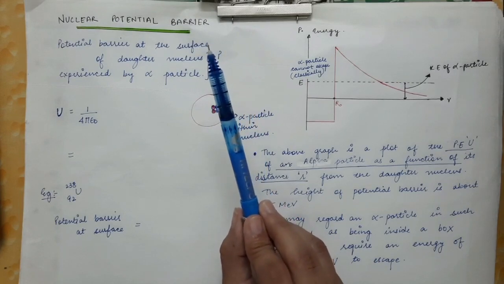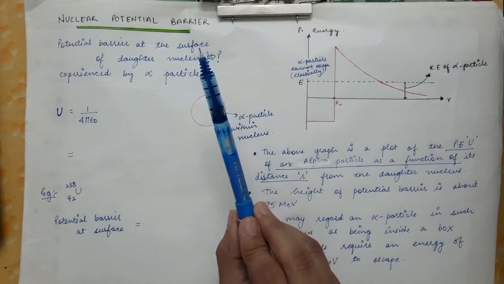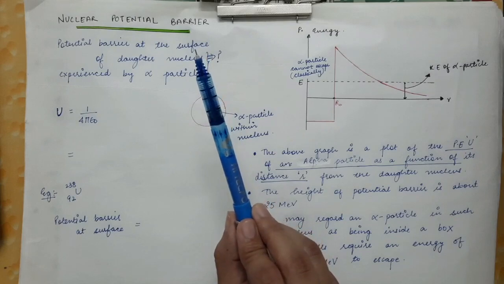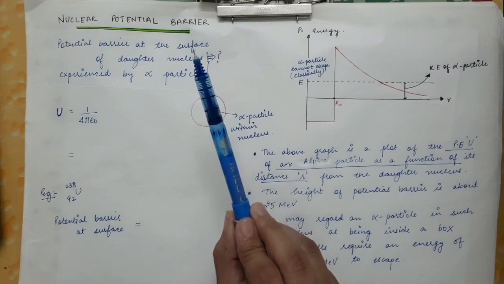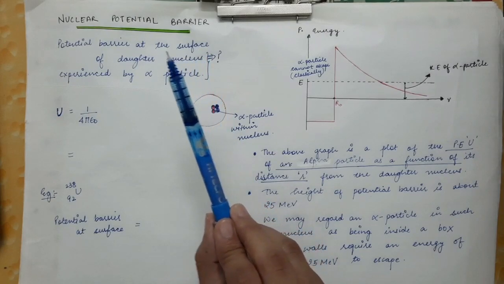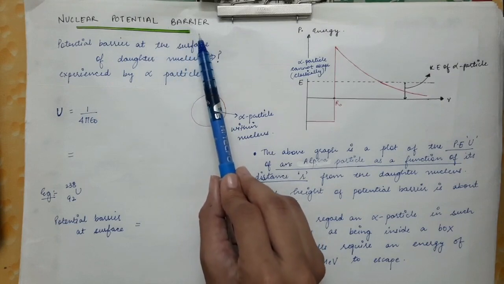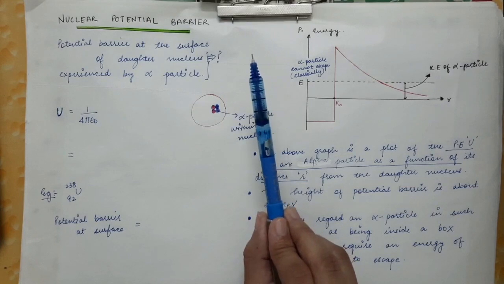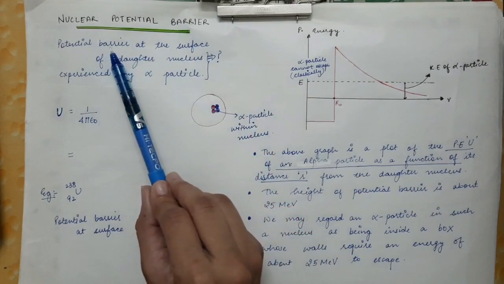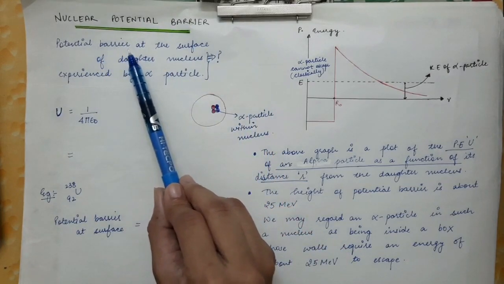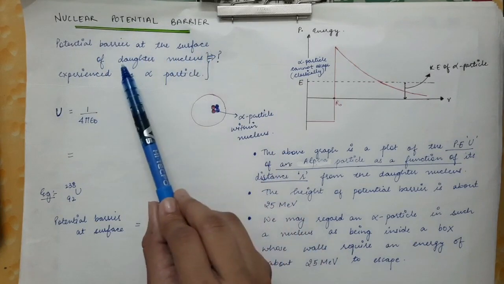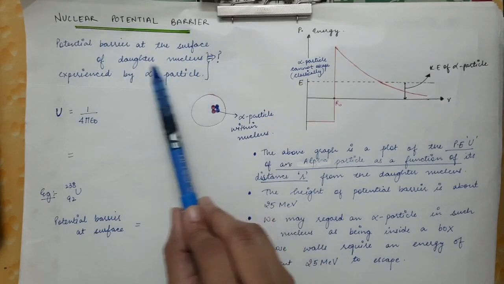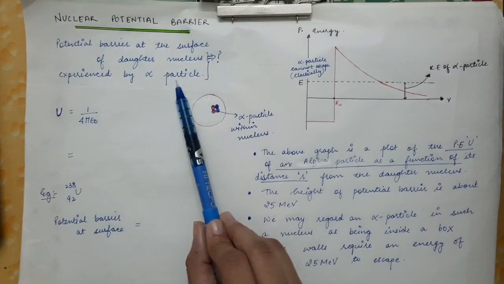Therefore there is a potential barrier which is experienced by the alpha particle when it is emitted. So we are going to find what is the potential barrier at the surface of the daughter nucleus which is experienced by the alpha particle.